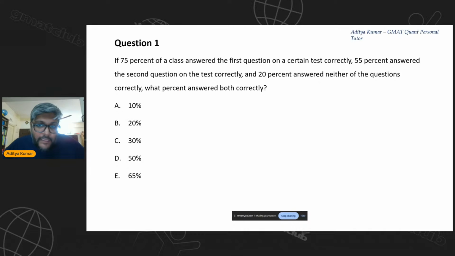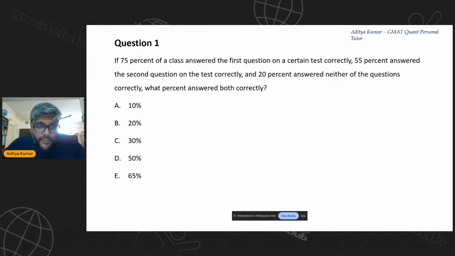So they're giving me a neither scenario. They're giving me data of one piece of information, data of another, and data of neither. That means there should be data of both as well, correct? And the question is asking me what percent answered both correctly?